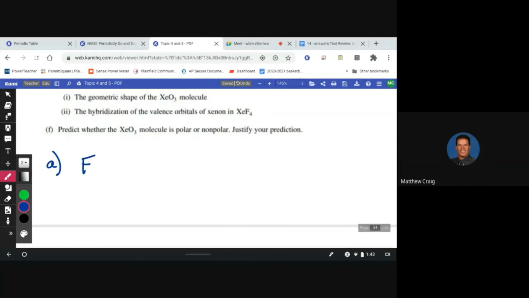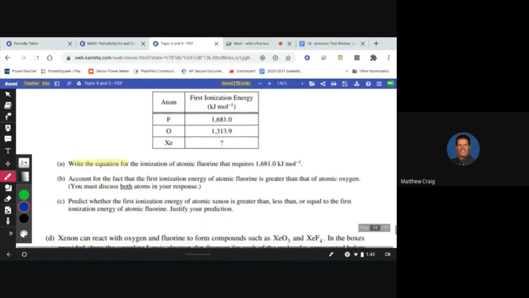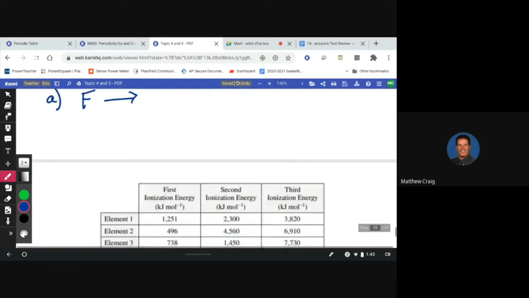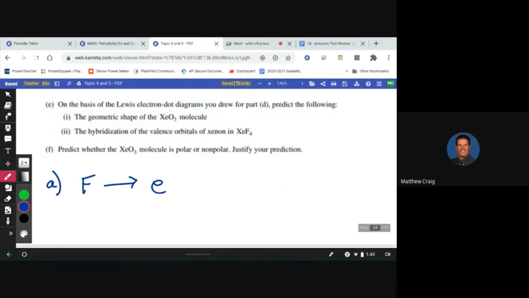F arrow? Is that what you mean? Since it's an equation? Yeah, sure. Okay. So what are we doing? Ionization of, what does that mean there? The ionization of atomic fluorine. What are we doing? Adding an electron? Removing an electron. Very good. So if you take an electron away, how does your fluorine look? Plus 1?